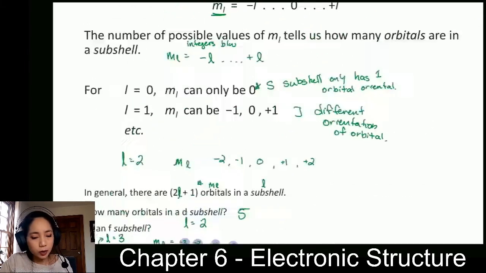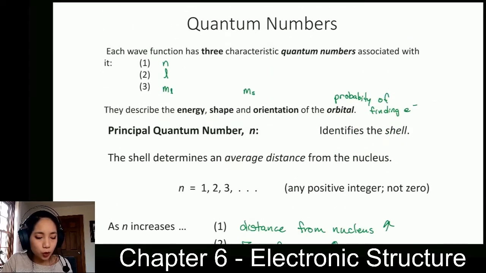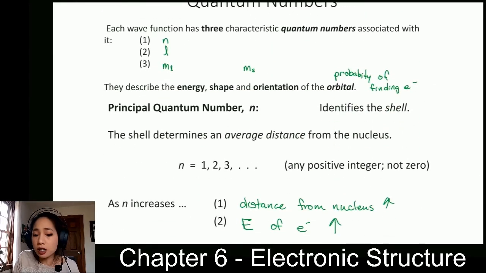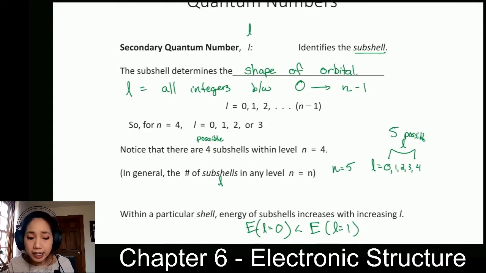Let's quickly summarize them. All right, so we have our principal quantum number n, which tells us the shell, or the energy level of our electron. This is the same n that we talked about with the Bohr model. As n increases, distance from the nucleus and energy of your electron increases. And these are all integer values starting at 1. Next, our secondary quantum number. This identifies the subshell or the shape of your orbitals.